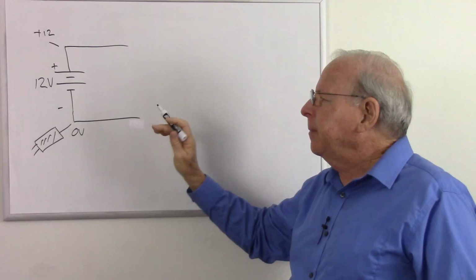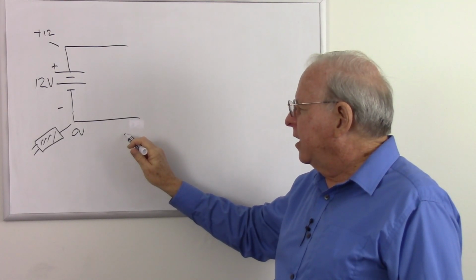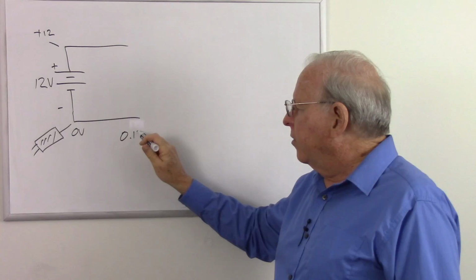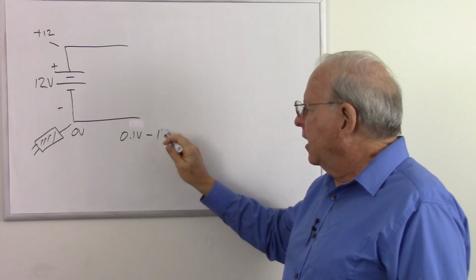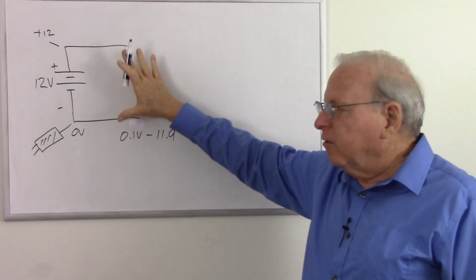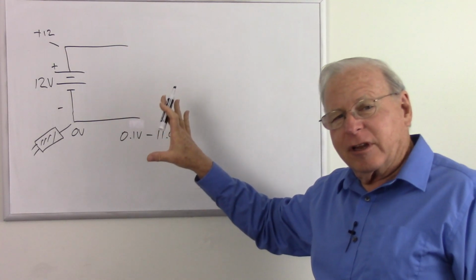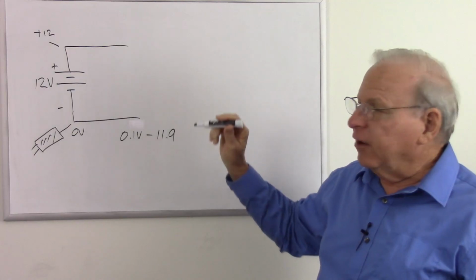So let's say, for all practical purposes, this circuit can work between, perhaps 0.1 volts and 11.9. So we can't quite get up to the 12 volts, can't quite get down to 0. Some circuits can, some circuits can't, and we'll talk about those down the road.